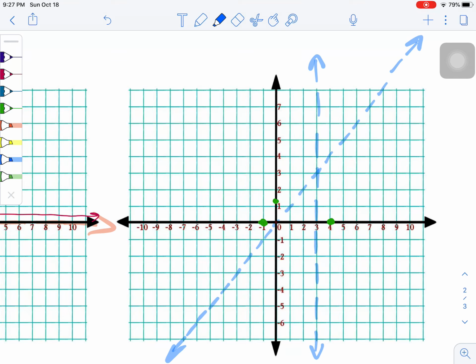So that's the 2 asymptotes put in place, and we actually have enough information to graph this, because the vertical asymptote is the one that's going to tell me my 2 sides. So if I look to the right of the vertical asymptote, I have this point right here, this x-intercept. And then if I look to the left of my vertical asymptote, I have these 2 points right here. So it's going to look a little strange.